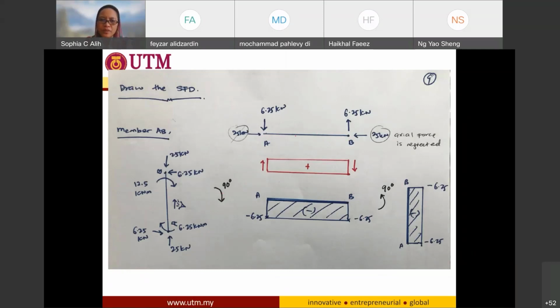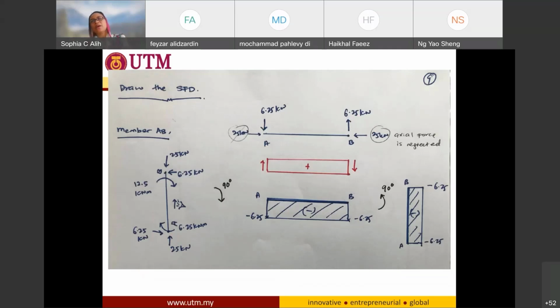In order to draw the shear force diagram, I just need to take all the forces here. If I rotate it, I will have my shear force acting downward, 6.25, and another one here acting upward, 6.25. I also have the axial force here, 25 kilonewton and 25 kilonewton.